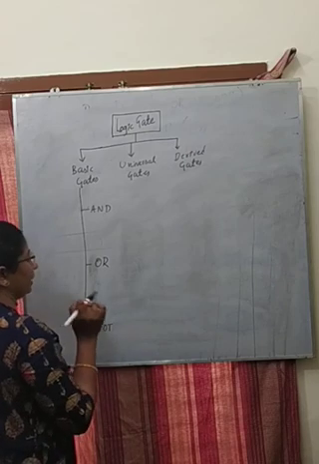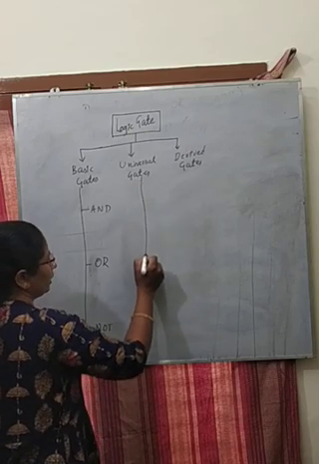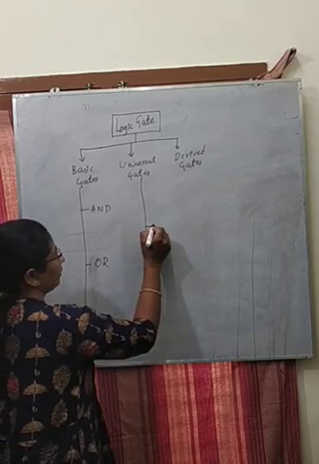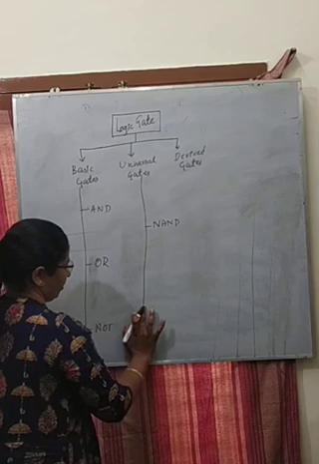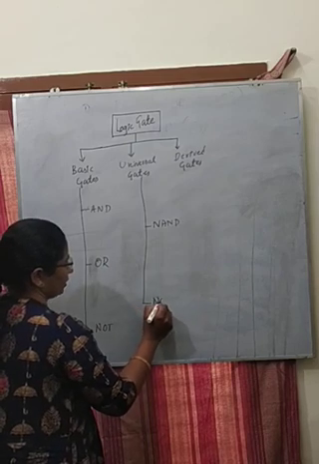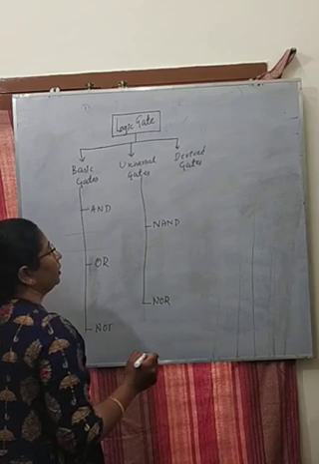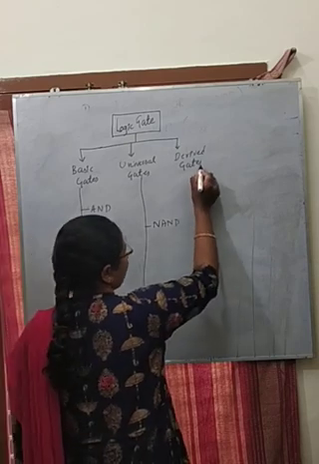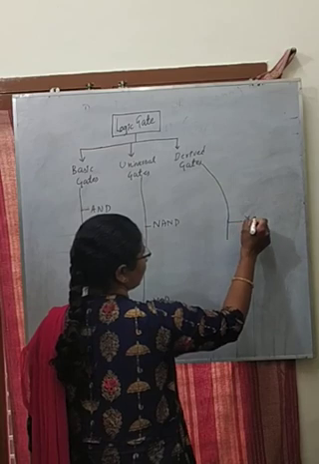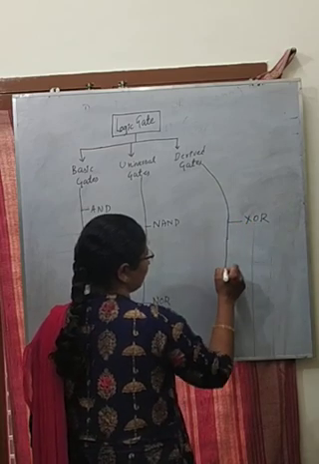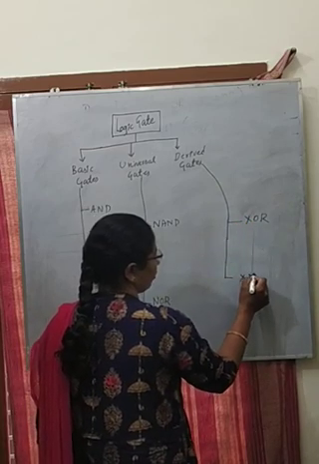These are the basic gates. What are the universal gates? NAND gate and NOR gate. These are the universal gates. Then what are the derived gates? One is XOR gate, another one is XNOR gate.